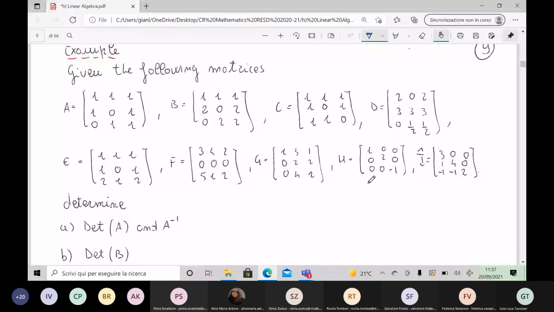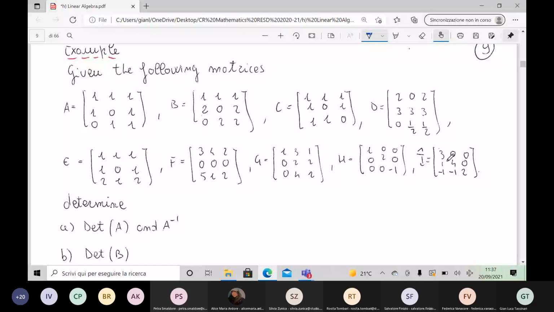Obviously, you can develop the determinant alternatively along the row or the column you prefer. And what you have here is the determinant of capital I hat. Well, which kind of matrix is this one? I told you this is a square matrix, obviously, otherwise you cannot compute the determinant. You see, all the elements above the main diagonal are equal to 0.